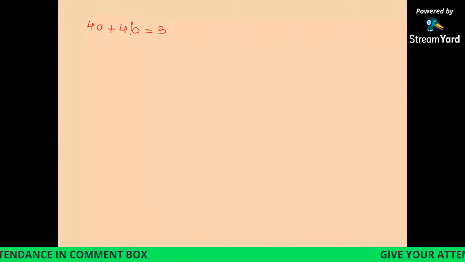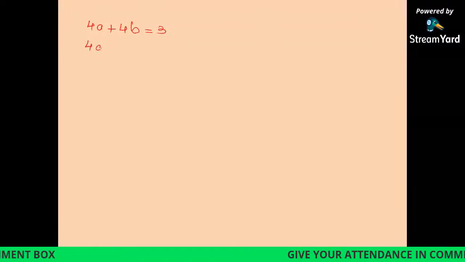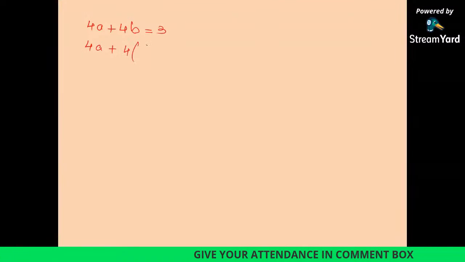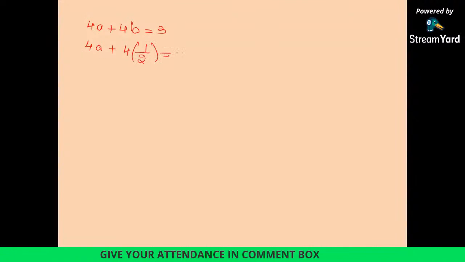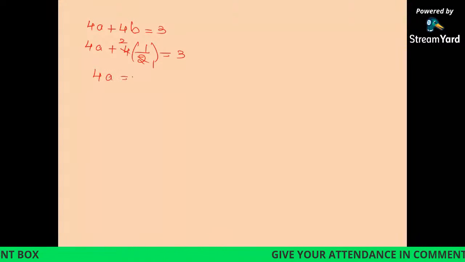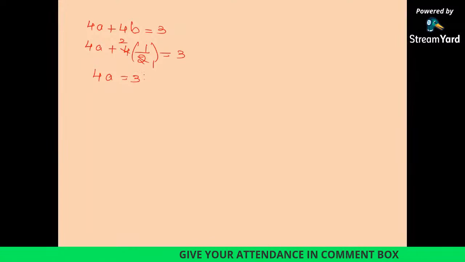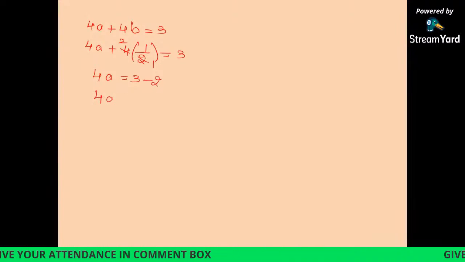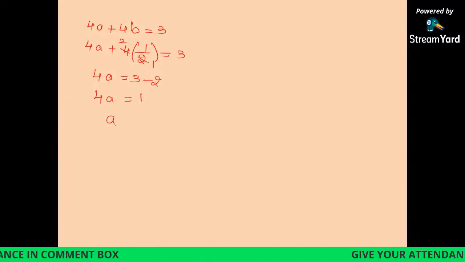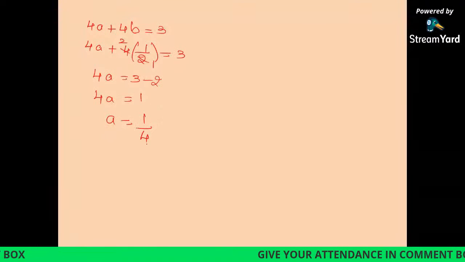We are having a value for b as 1 by 2, right? Substitute here. Then you will get 4a plus 2 is equal to 3. If I send this 2 to another side, it will become minus 2. 4a is equal to 1 and a is equal to 1 by 4.